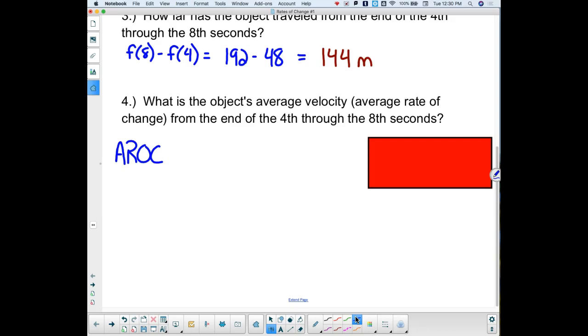Okay? How we solve AROC is we do delta y over delta x, the change in y over the change in x. If you think about it, you've already learned rates of change back in Algebra 1 when you were talking about slope. Change in y's over change in x's. In this particular case, it's the change in distance over the change in time.